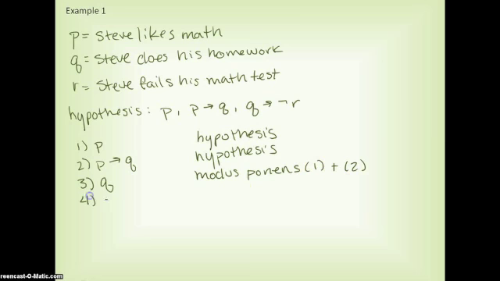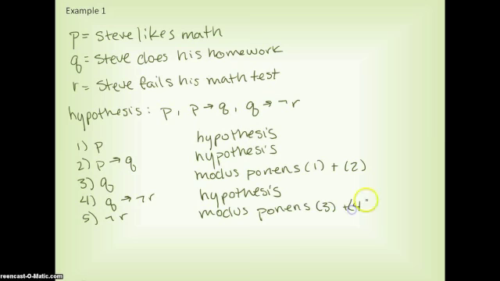Using the third part of the hypothesis, Q implies not R, we can conclude, using modus ponens again, not R. Our conclusion is Steve does not fail his math test.